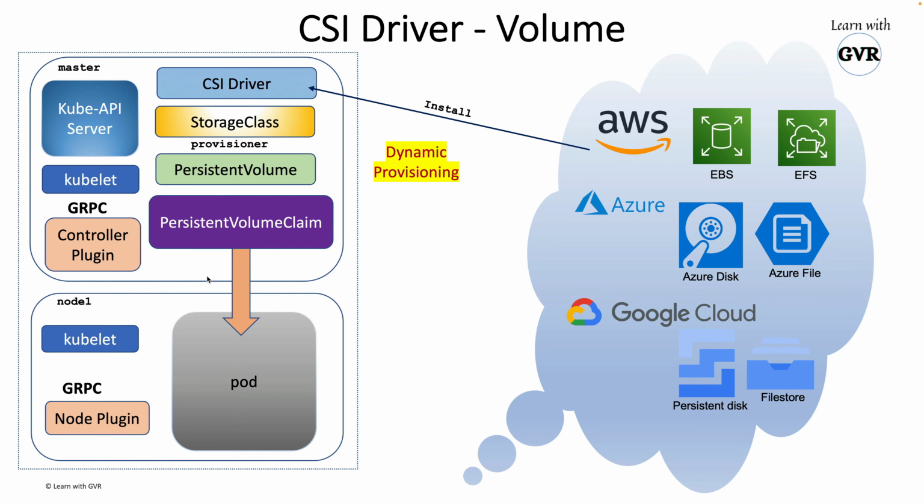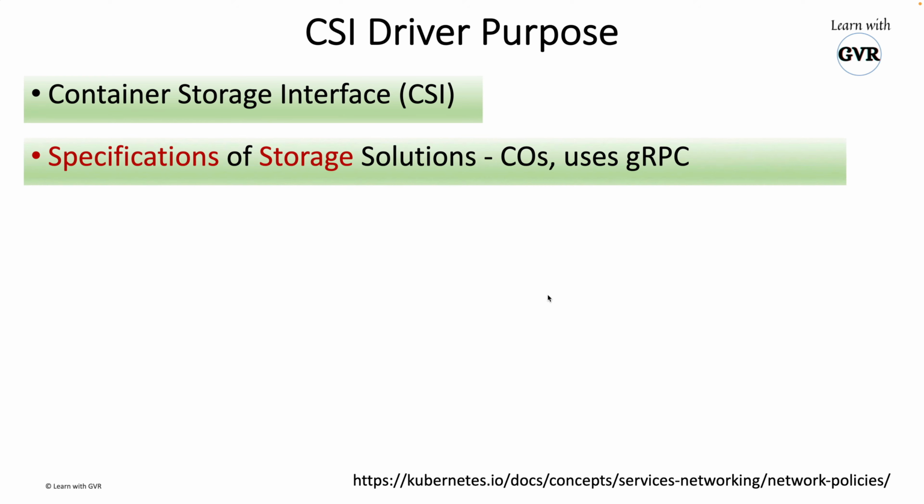In the previous slide we were talking about storage, so CSI is all about storage. That's the primary point. CSI is basically a specification of storage for container orchestration services. One of the biggest container orchestration services is Kubernetes, and internally the CSI driver uses gRPC communication, invented by Google, the G stands for Google, remote procedure calls, which is much better than REST API and has many features.